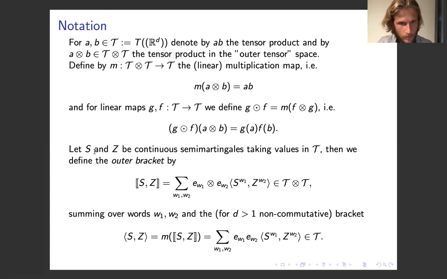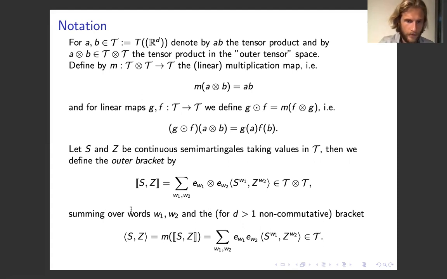So now for two semimartingales that take values in the space of tensor series, we define the outer bracket, which is the stochastic bracket of the component-wise cross variation of these semimartingales, multiplied with the outer tensor product of the identity vectors of these components.